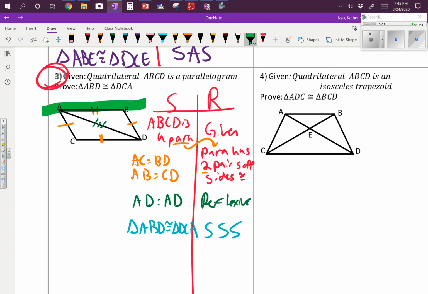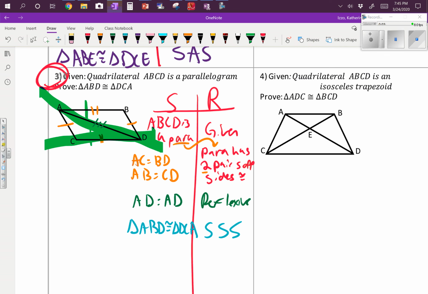You would say, okay, these two lines are parallel. Here's your transversal. That'll give you an angle here and an angle over there. So the angle up here and up here would be alternate interior angles. And then this next step would be, oh, by the way, you've got this.